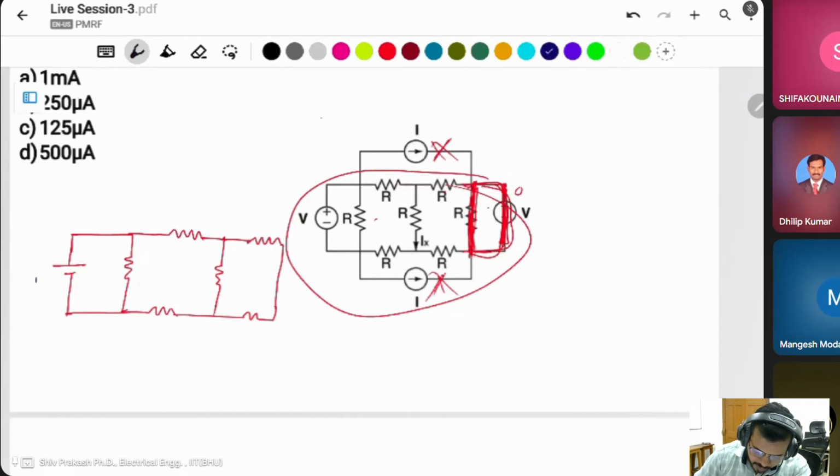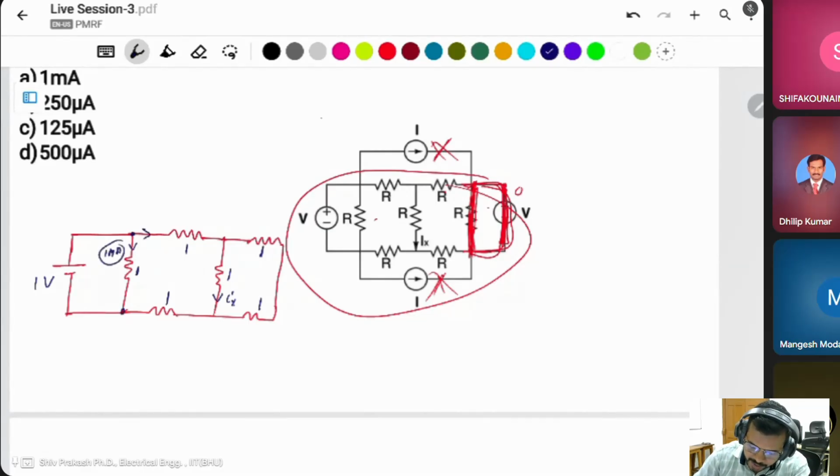The source is 1 volt. These are all 1 kilo ohm resistors, and we have to find Ix. This current is simply 1 volt over this resistor, 1 divided by 1, so 1 milliampere flows through it, no meaning of this one.